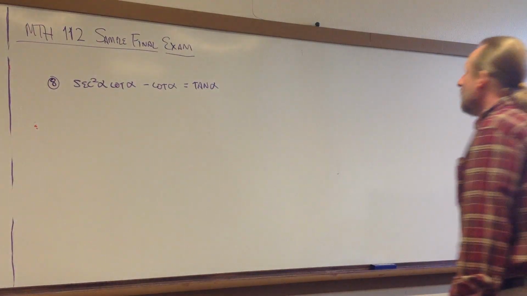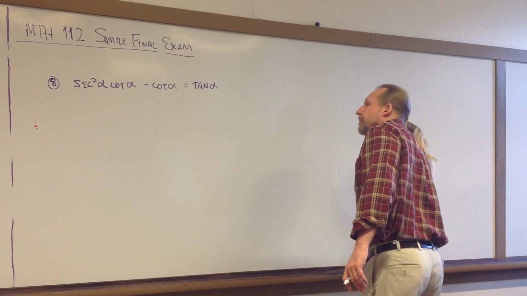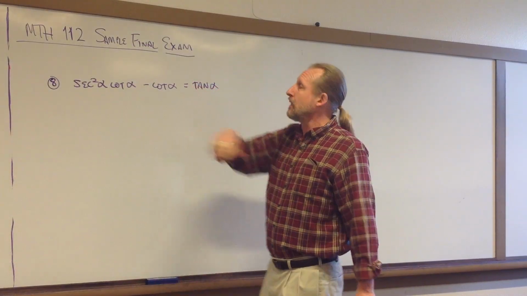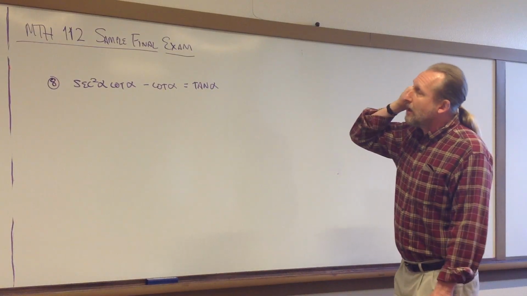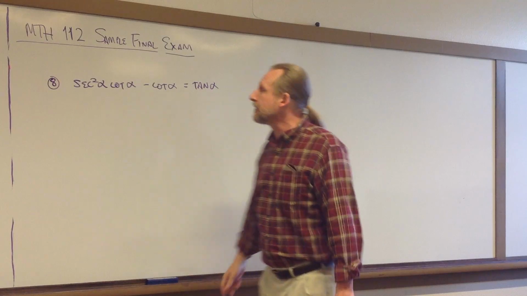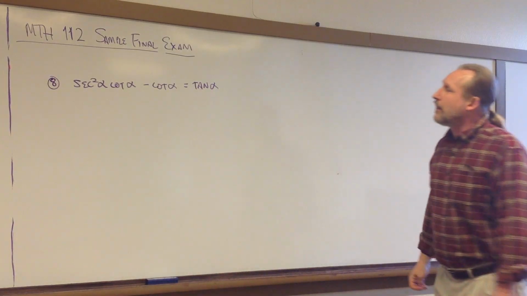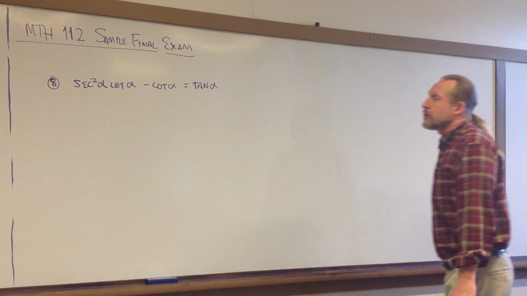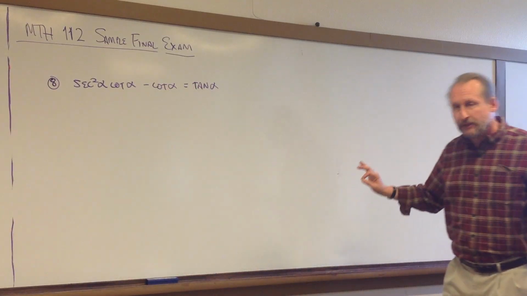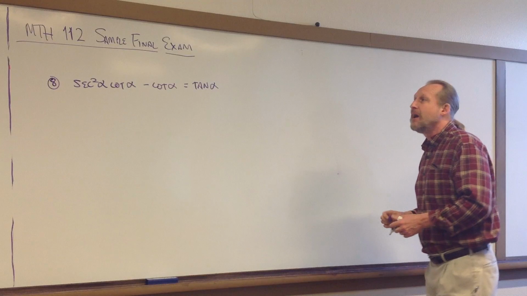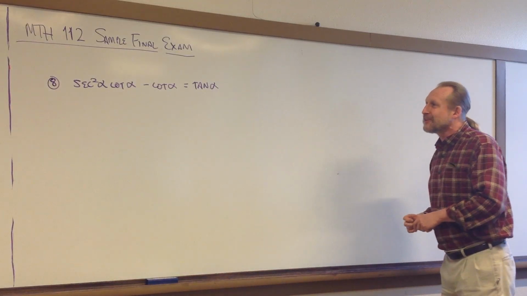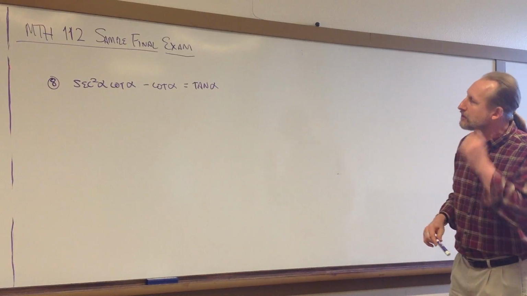All right, well, there's a lot of choices you can make here. The secant squared is going to be 1 plus tangent squared. You can also factor out a cotangent from here. And then you can also rewrite everything in terms of sines and cosines. Those are 3 different approaches to solving the problem. I wouldn't use all 3 of them in the same solution, right? Those are 3 different ways to start.